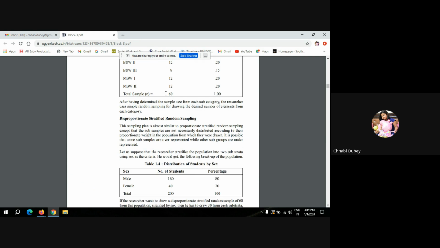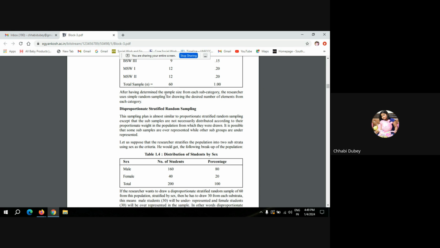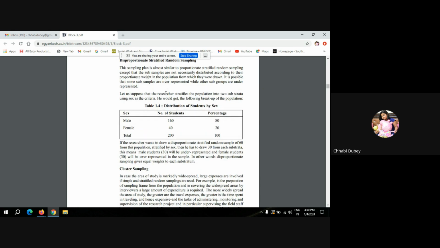After that is a disproportionate stratified random sampling, which is similar to the proportionate stratified random sampling, except that in the disproportionate stratified random sampling, you will find that the subsamples are not necessarily distributed according to the proportionate weight. Okay, so it may be that some samples are overrepresented while some are underrepresented. So that is disproportionate stratified random sampling.